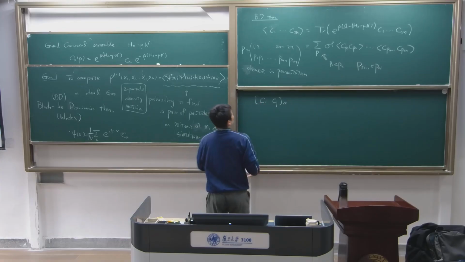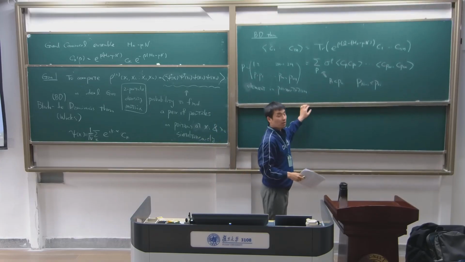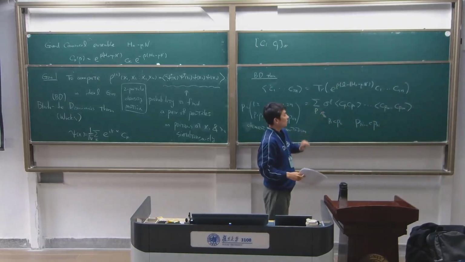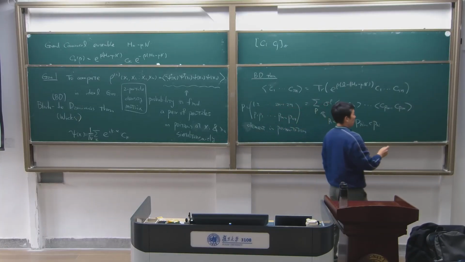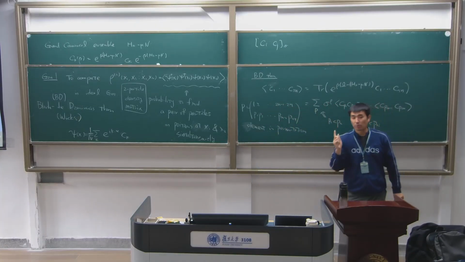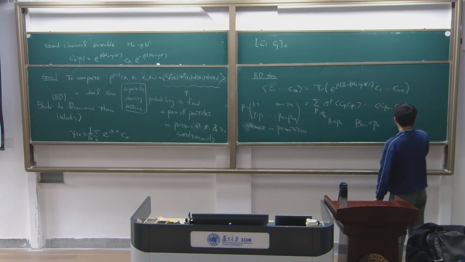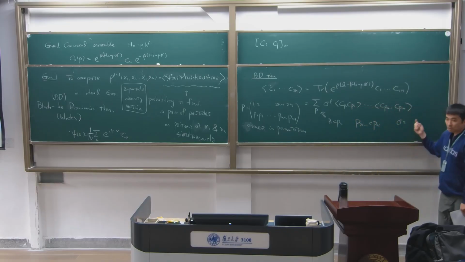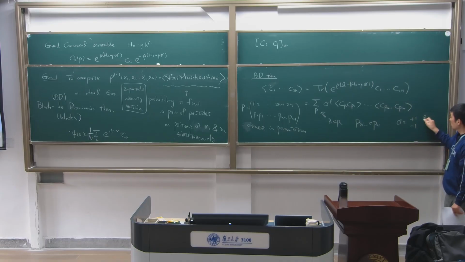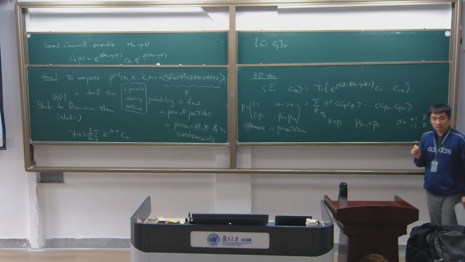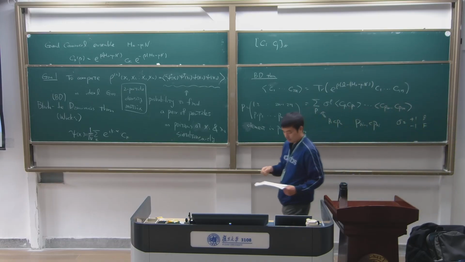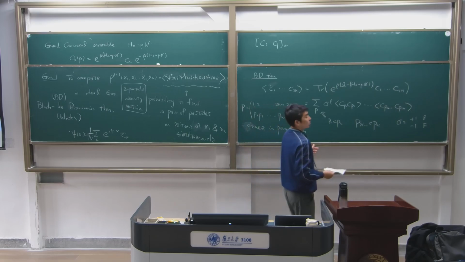The sigma means that this can be understood as treating both boson and fermion. Of course, sigma is plus 1 for bosons, and for fermions we have a minus 1. So you can treat both.